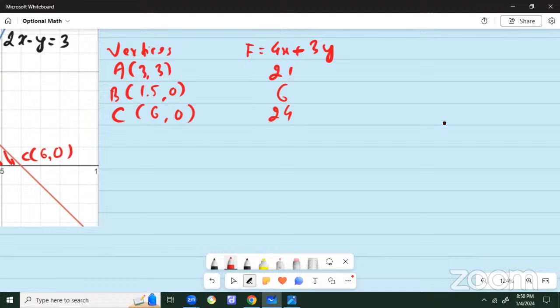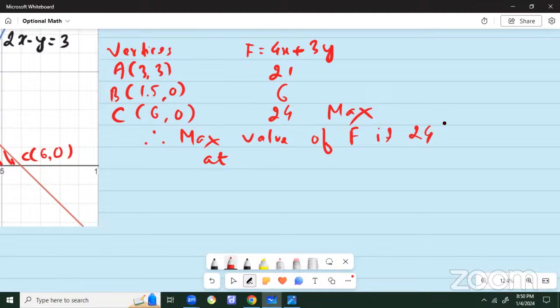C. Okay. So this is the maximum value at C. Therefore, the maximum value of f is 24. At which point does this happen?